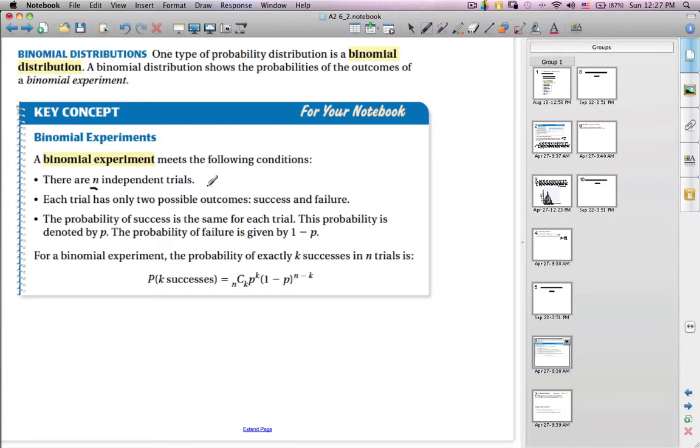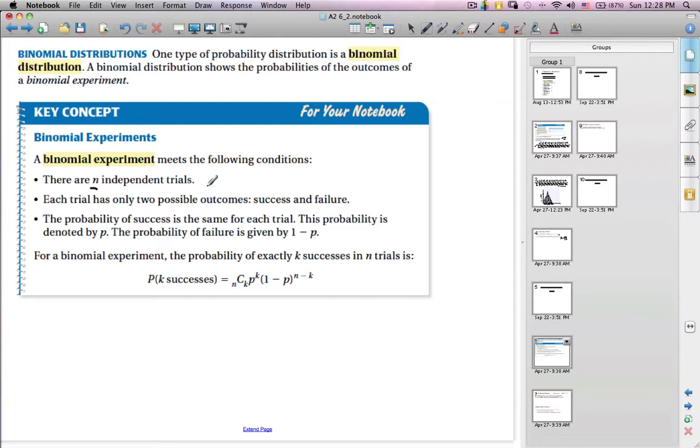By independent, that's an important term, trials are independent when each time I do a new trial, the probability doesn't change from the time before, meaning the new probability is not dependent on what had happened before. So for example, when I roll dice, each time I roll the dice is exactly the same. So if I roll dice 10 times, those are independent trials.